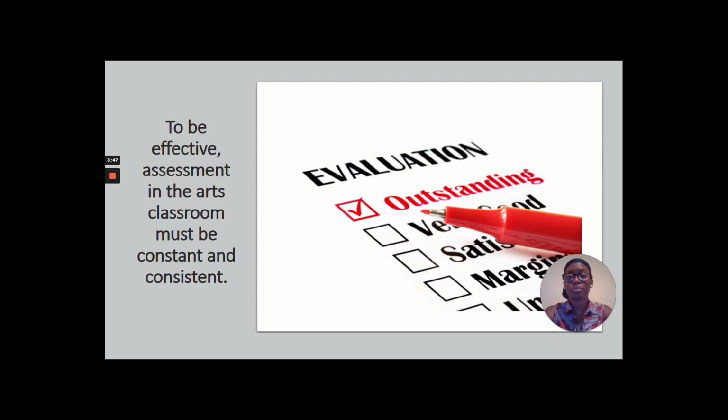It also helps them to know exactly what you are looking for. For example, in a performance, it was good. What about it is good? What exactly are they doing well? What do they need to work on to continually move from a beginning level to exemplary?